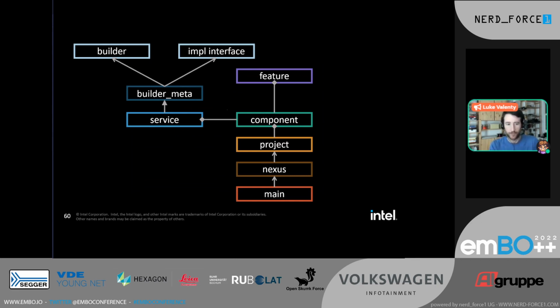That's an example of what it would take to support kind of the basic dependency inversion pattern. Now, there's also this concept of builder and builder meta and impl interface, and we're going to get to all of those and describe how all of them work and how all of them fit into this pattern. But first, let's talk about the project.